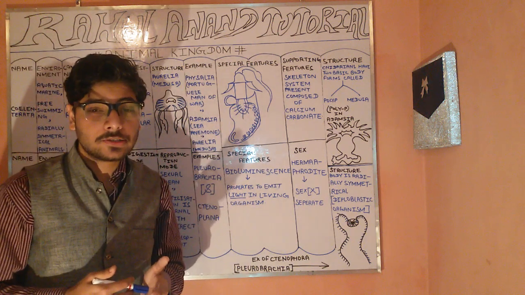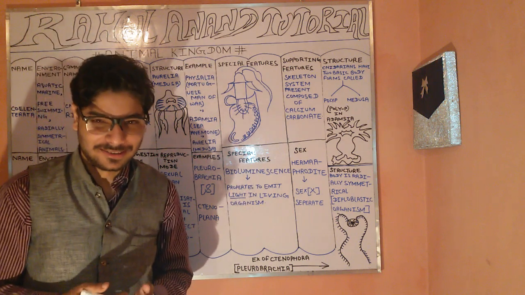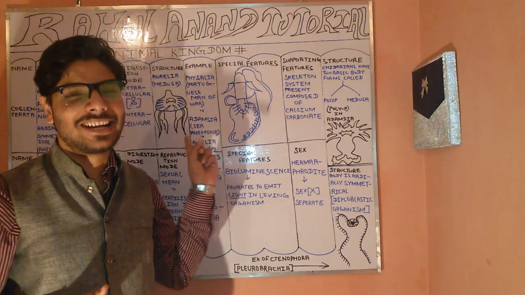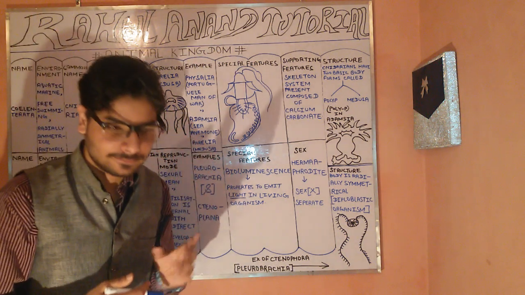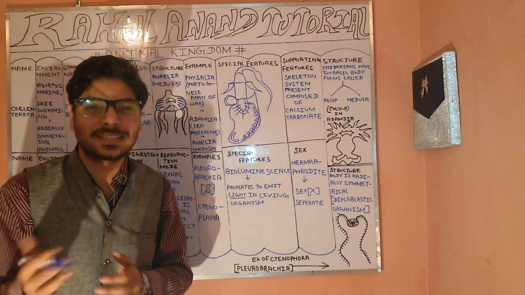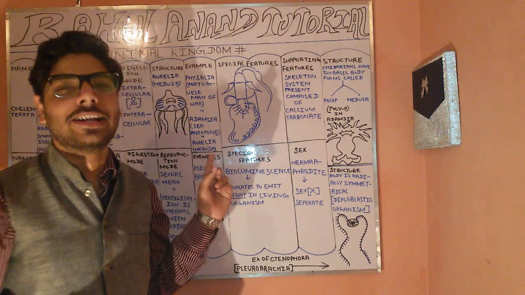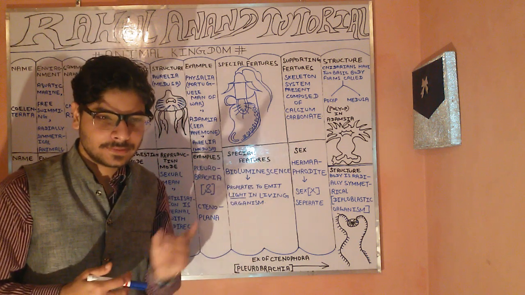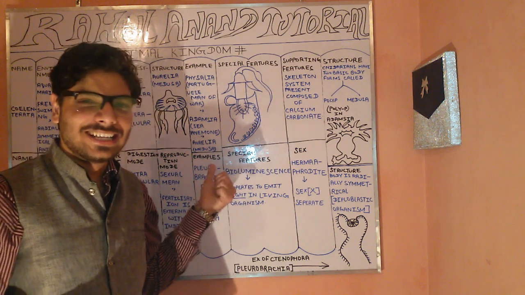You have understood about the trick, how to remember these. So we are having the NAME CDRE triple S concept. So N here is standing for the name. Then E here is standing for the environment. Then C means the common name. Then D here is standing for the digestion mode.